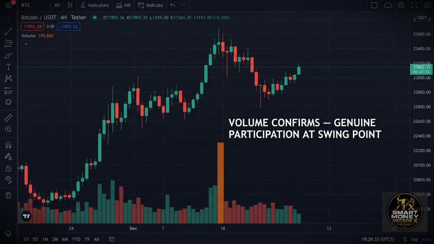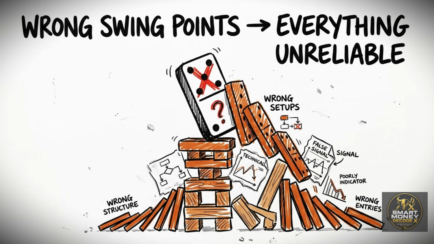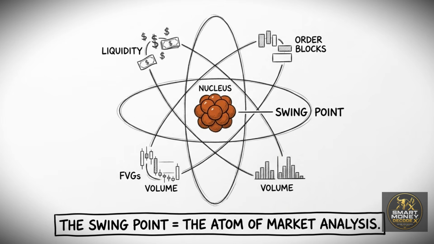And market structure, which we covered last video, is simply the sequence of qualified swing points telling you who is in control. When you get swing point identification right, everything else falls into place. When you get it wrong, every concept built on it becomes unreliable. The swing point is the atom. Everything in this series is built from it.